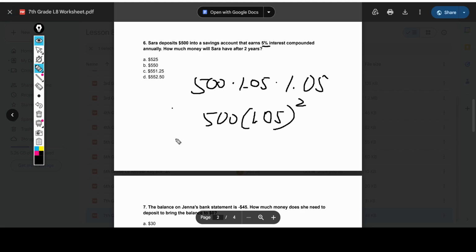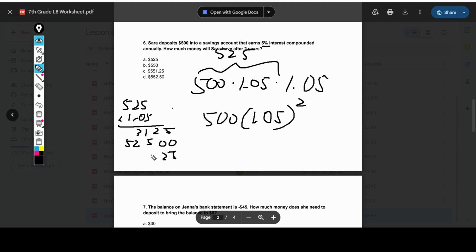The first year gives 525, and if you multiply by another 1.05, or add another 5%, you'll get 525 times 1.05. Let's multiply that out. So you get 556.25, I believe.